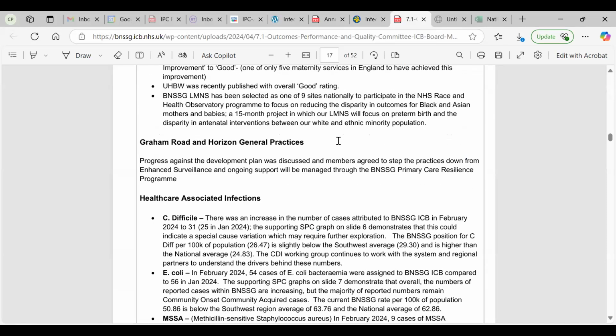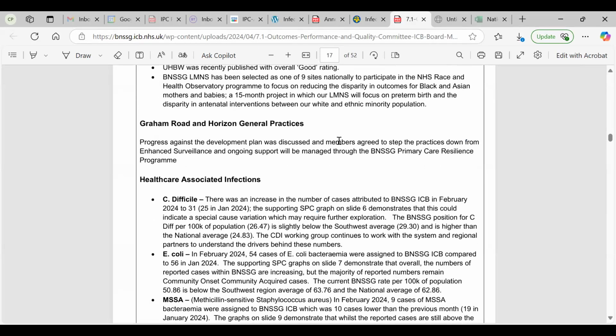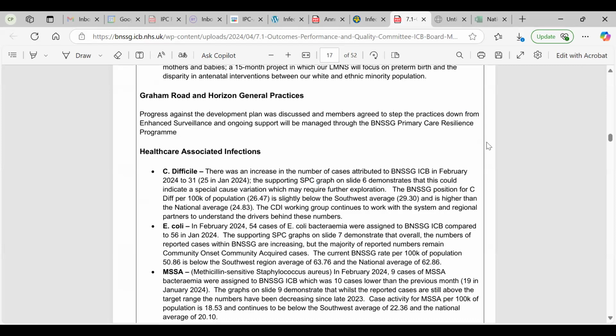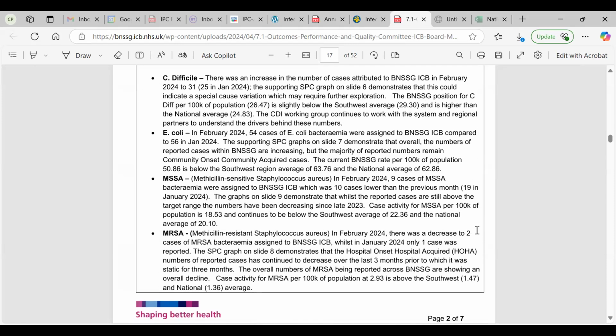And then finally, this is an integrated care board one. BNSSG, Bristol, North Somerset, South Gloucestershire integrated care board, and they obviously give the overview to this. So they start with showing an overview of what the increase has been, but they've got the key target organisms in there.